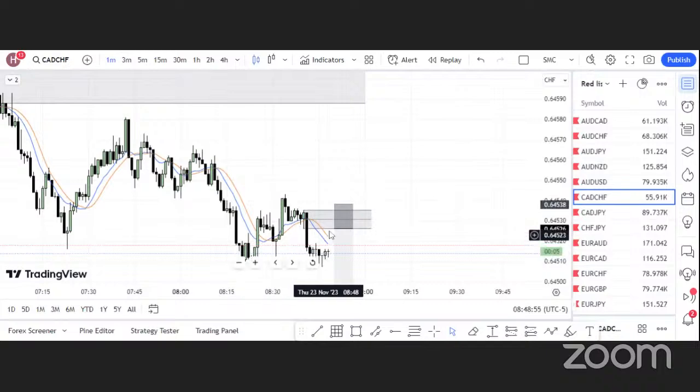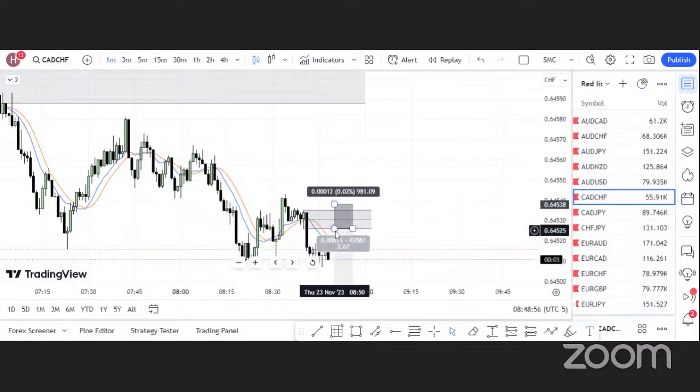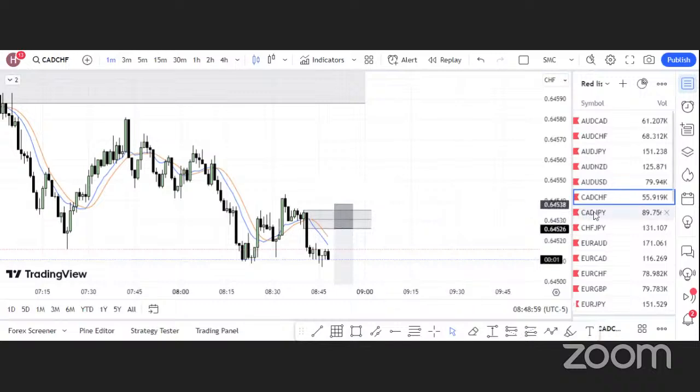So I just want this to come to this area, then we sell to the downside.